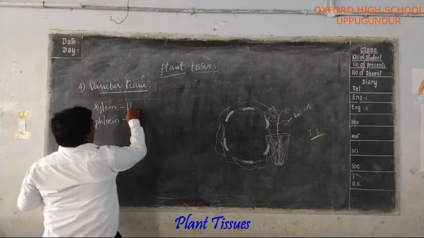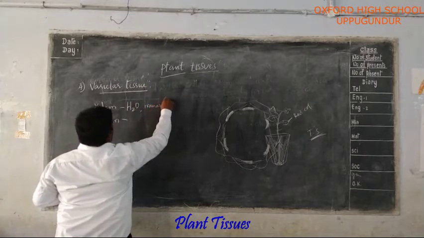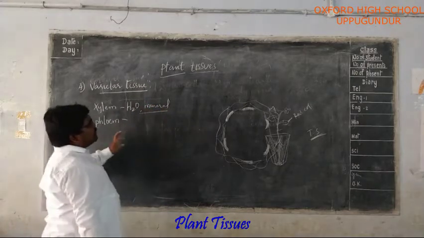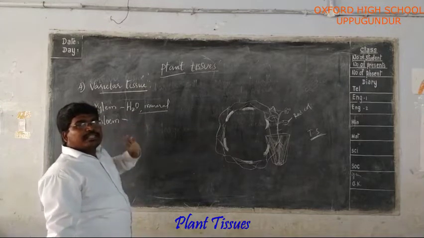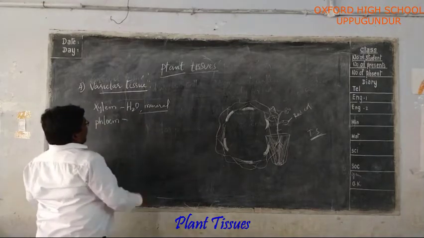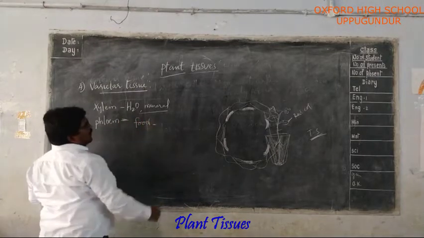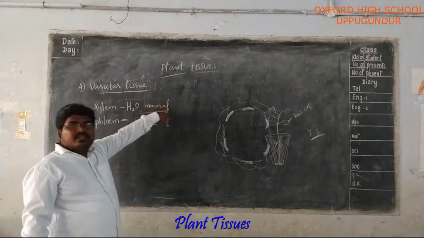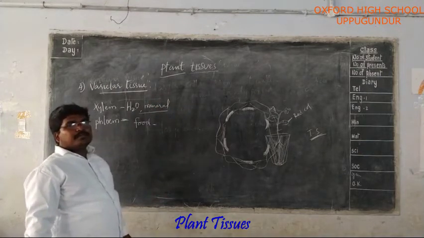Xylem is responsible for the transport of water along with minerals from the roots to the upper body parts where photosynthesis takes place. And phloem transports the food materials prepared by the leaves, from the leaves to the other parts of the plant.